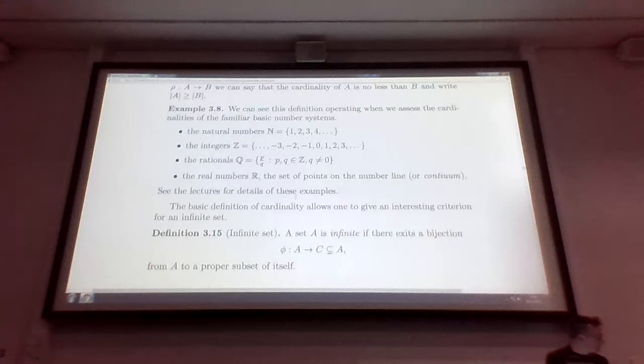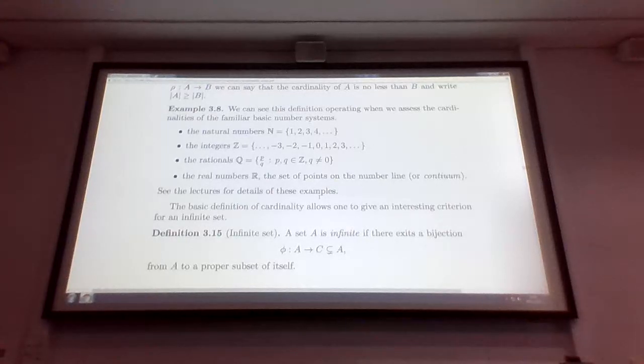These are some very familiar infinite sets to us. The natural numbers, basic counting numbers, 1, 2, 3, 4, etc. The integers, which are the positive counting numbers plus a load extra: 0, and all the negative versions of the natural numbers.